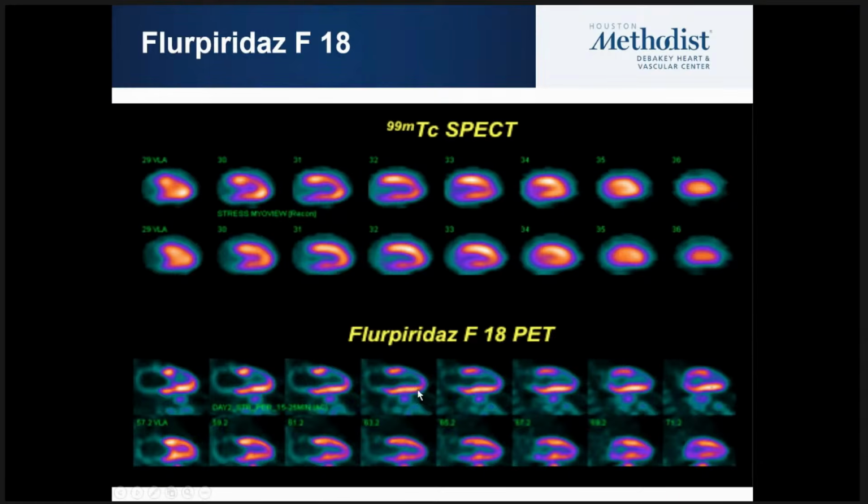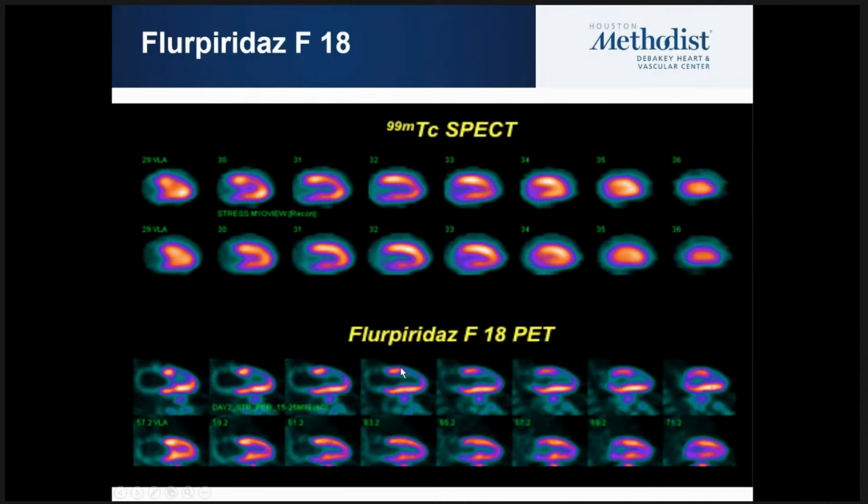First of all, you can see how thin the images are compared to other radiotracers. And you can see even more details of the myocardium. And what you see here is that there is a perfusion defect that was not seen at all on SPECT, but now we can clearly detect it on PET. So clearly the higher sensitivity of PET compared to SPECT.